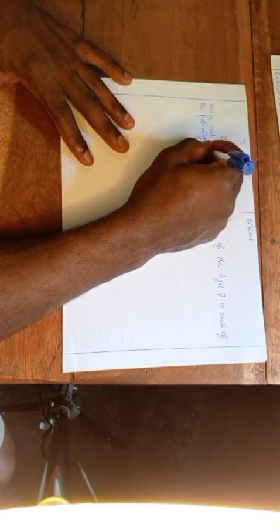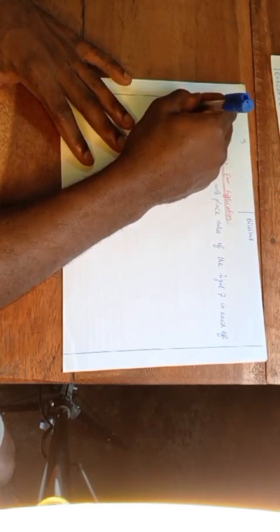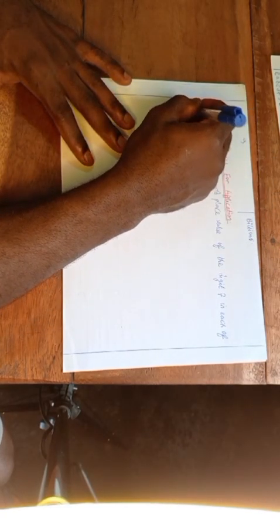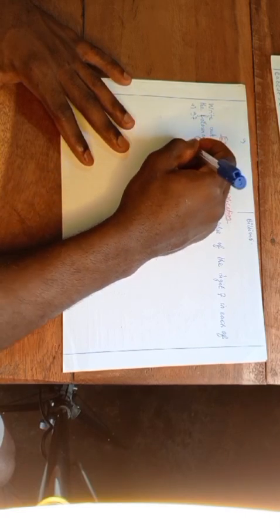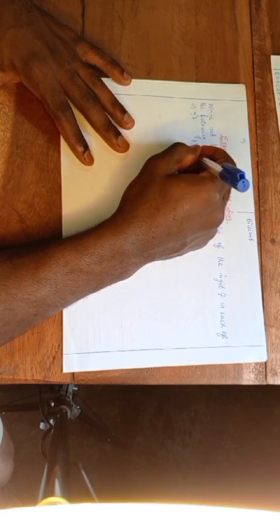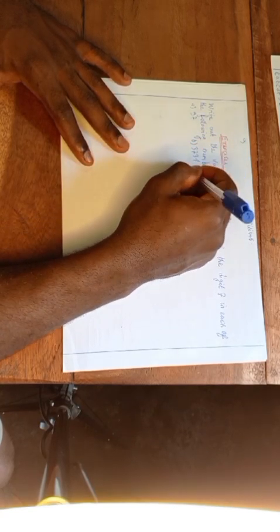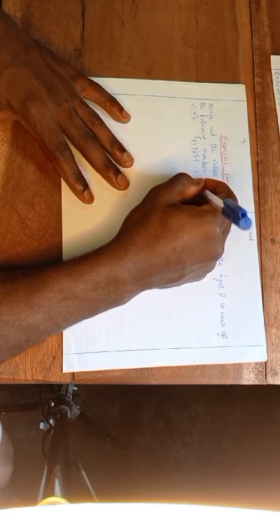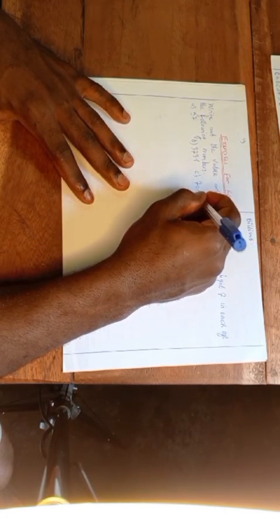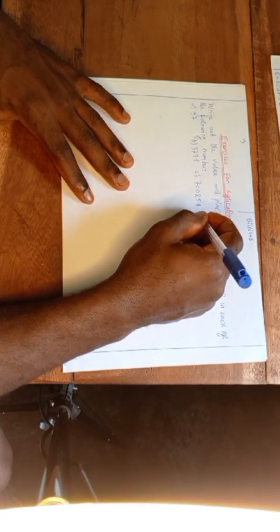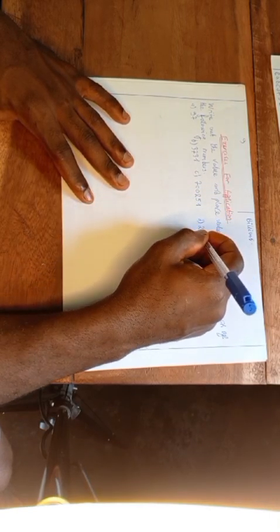Question A, we have the number 97. Question B, we have the number 3731. Question C, we have the number 700,251.